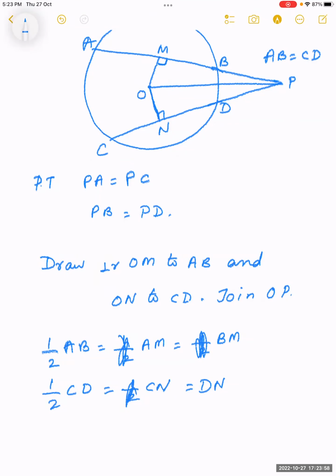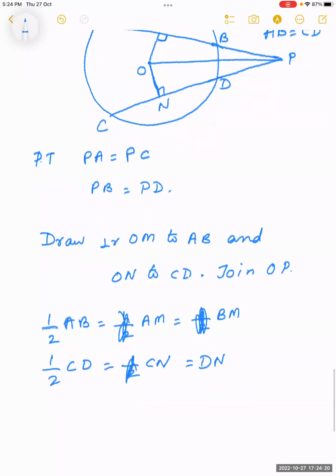Gia, Nalin, Shreya, are you with me? Yes, ma'am. Okay, so this is something which you should know. Now, what does that mean? They have very clearly told us they are equal chords, right? In the question, look at the first statement: they are two equal chords.